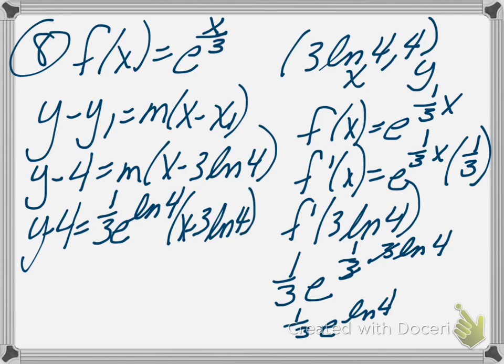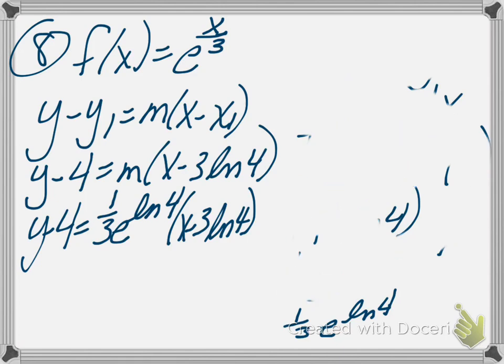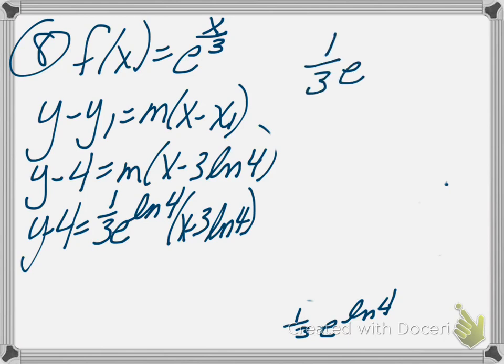Okay, but that is not a choice, so we're going to have to do some simplifying. So let me make some room here. So what I'm going to look at is this little messy piece here. And remember we had that rule, if you have a base of e here and a base of e here, then the entire thing will just equal what comes after the ln.